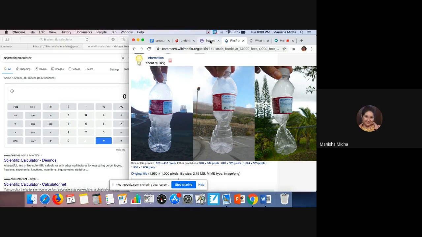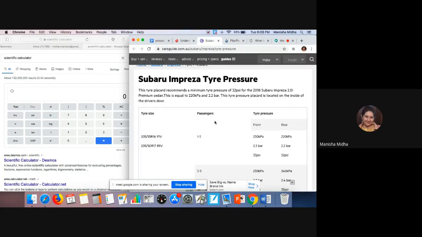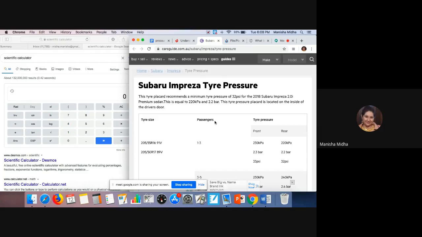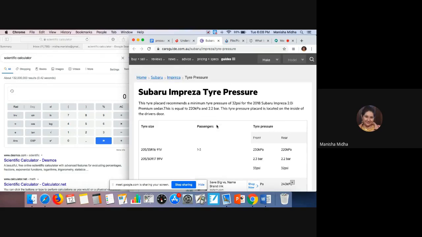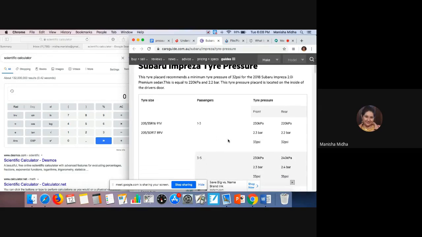And now I want to show you how you get the air in your tires. Look at the units in which you measure the numbers. So the front and the rear kPa, this represents kilopascals. Bar is another unit. PSI is what you normally see on a tag next to the car, which tells you the air pressure.